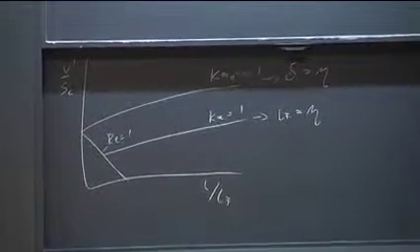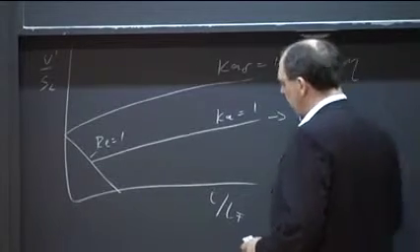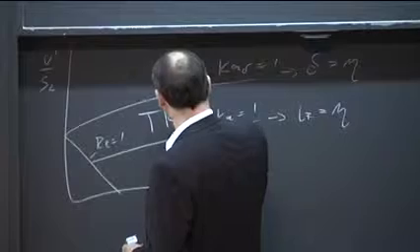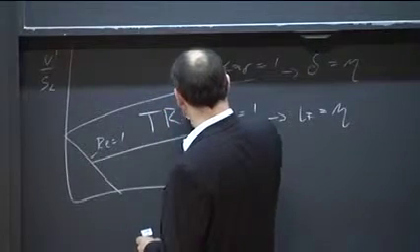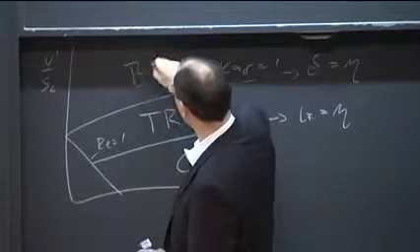So this would be the corrugated flamelet regime, and this would be the thin reaction zone regime, and this here is broken reaction zone.